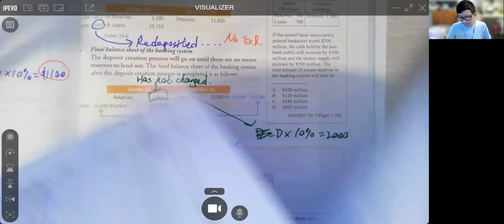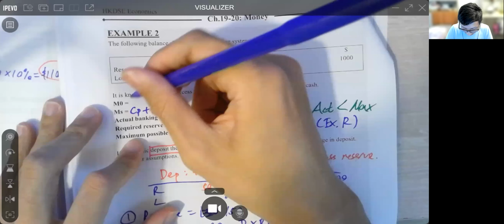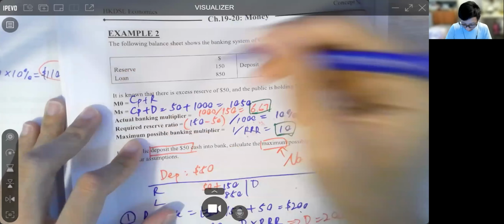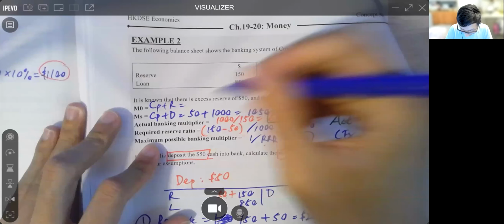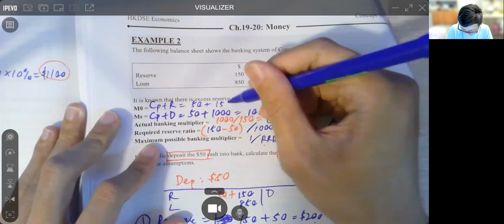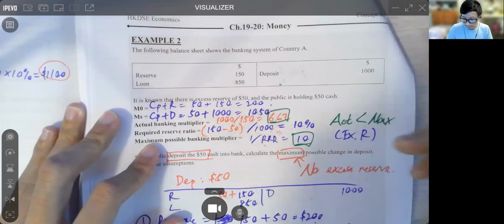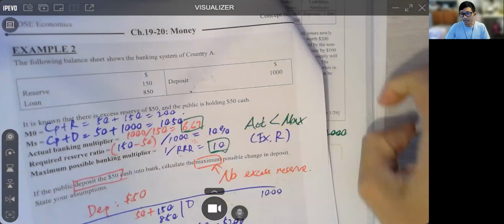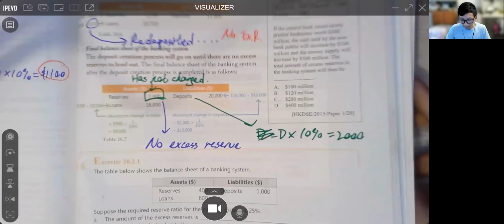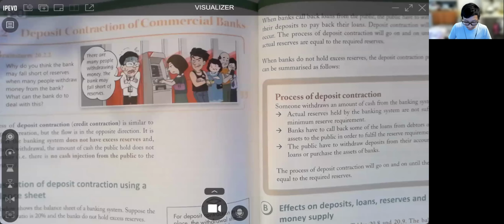And the next page, again CP plus R, which would be 50 plus 150, 200. So what exactly is monetary base?